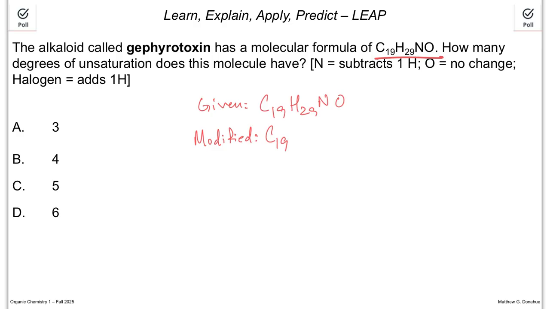It's the hydrogen count that's going to change based on the heteroatoms. So remember we said oxygen does nothing, right? And then nitrogen will do what? So it's going to subtract 1. So H29 becomes H28. So you have to reduce it down to a CH formula. So our N is equal to 19.